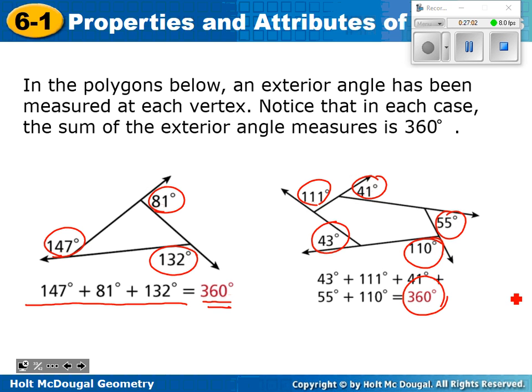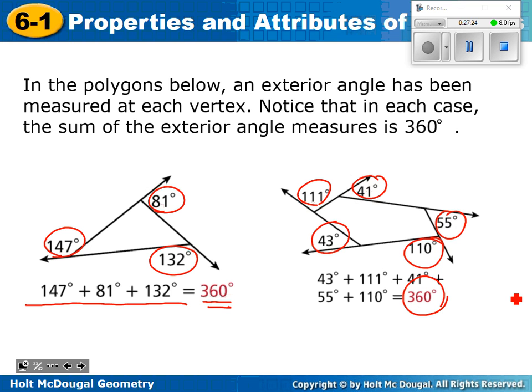If I extend out all those exterior angles, when you add them all together, they're going to approach a circle. So it should always add up to 360, even when you get a ton of sides. Interior angles can get infinitely big, but the exterior angles are always going to add up to 360.